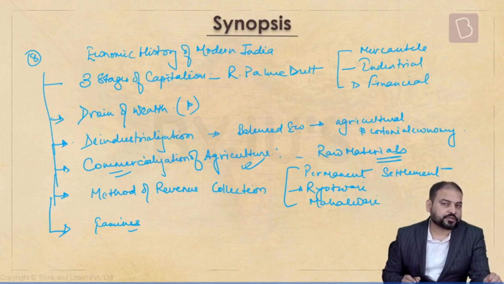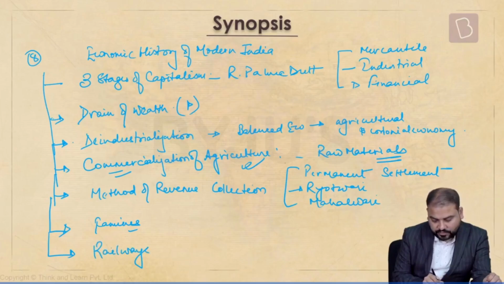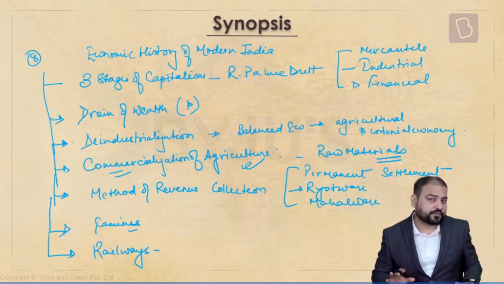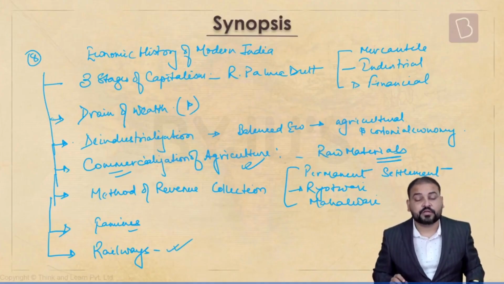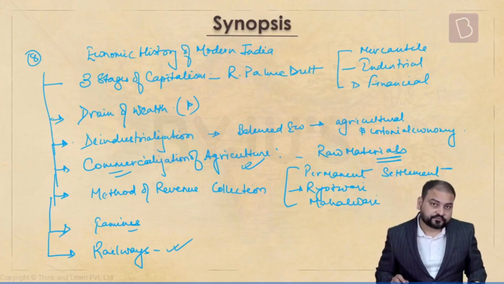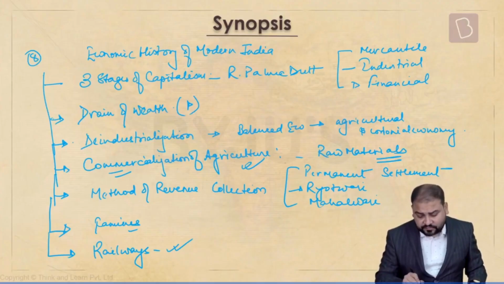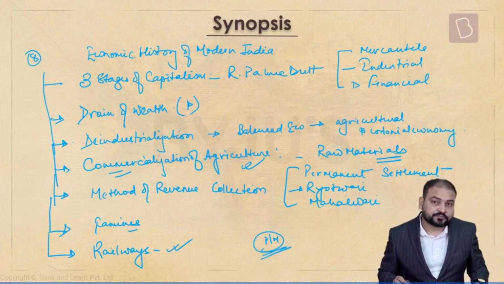No, there were certain good things also. For example, they introduced railways in our country. Now, of course, anything that they introduced was for their own benefit. But at this moment, we'll see that they did do this particular introduction of the railways. Again, very, very important chapter. Last 10 years, lots of prelims as well as mains questions. Both of them have kept on coming from this particular chapter.